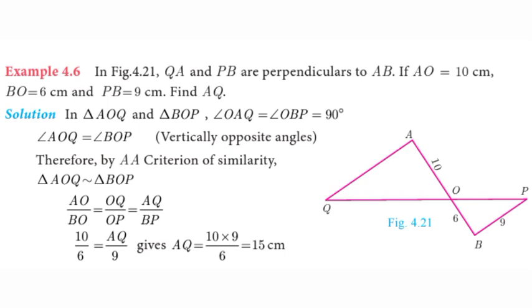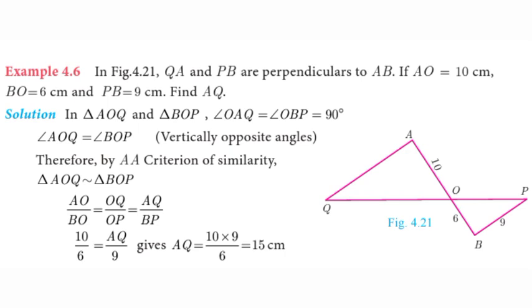In triangle AOQ and triangle BOP, angle OAQ equals angle OBP equals 90 degrees.